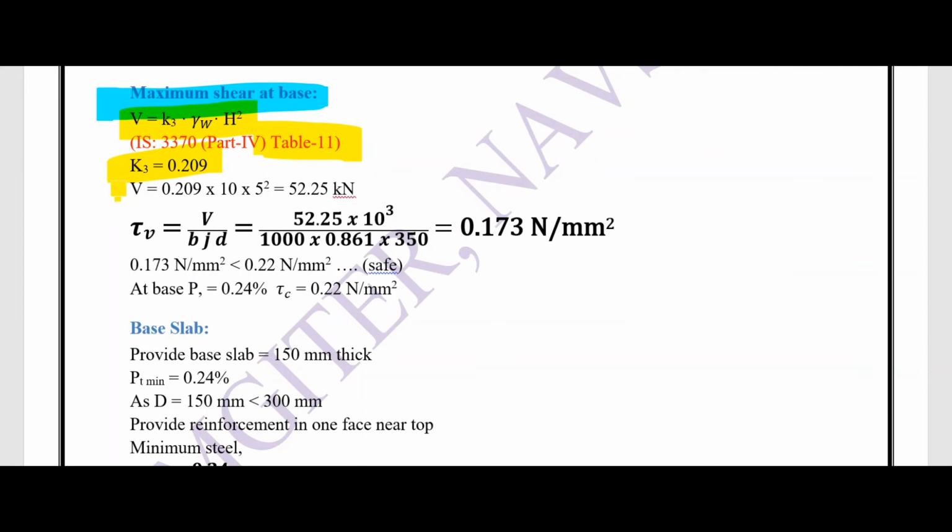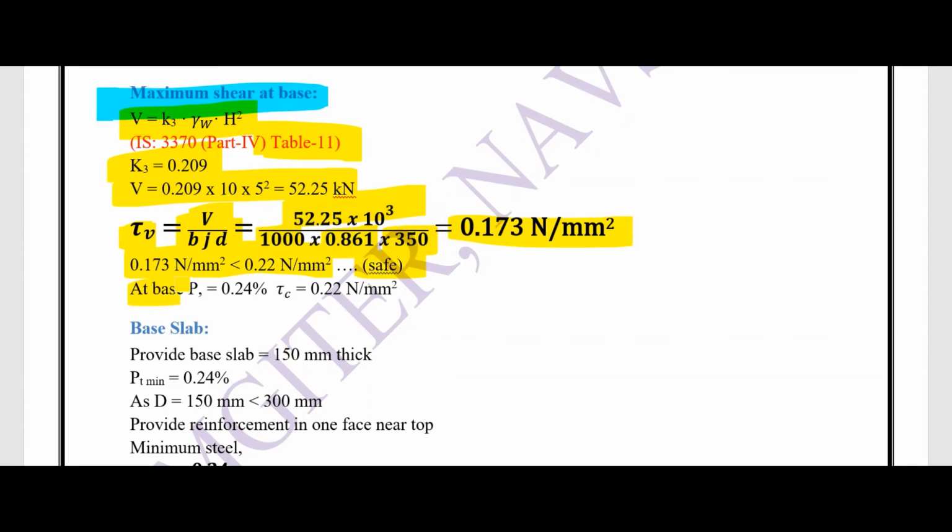So we find out 52.25. So the tau equation is V upon bjd. So here b is 1000, j is 0.861, 350 is the thickness, so 0.173 Newton per mm square, which is less than 0.22 Newton per mm square. So our thickness is safe. So our design is safe for shear.